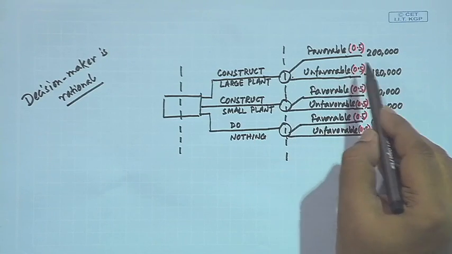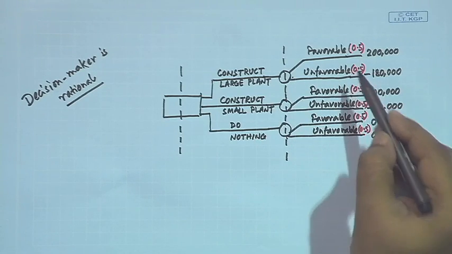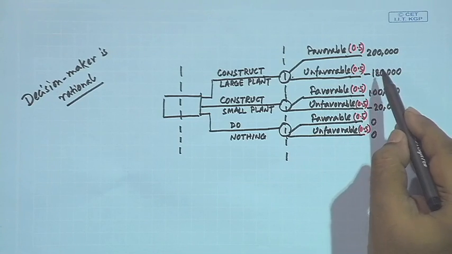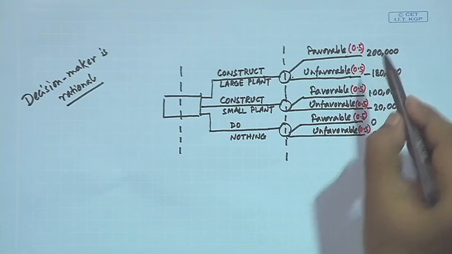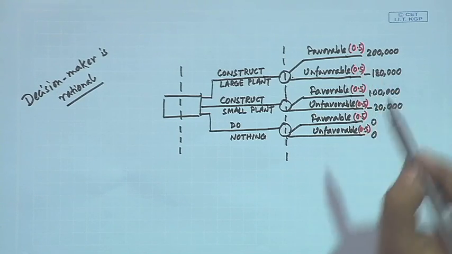First of all, you look, the probabilities are 0.5 and 0.5 for favorable and unfavorable market, and these are the payoffs. So, what would be the expected value?